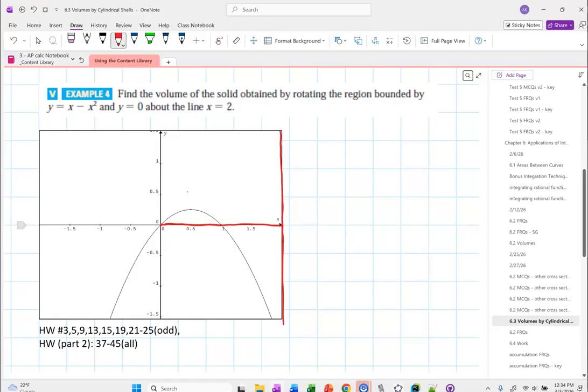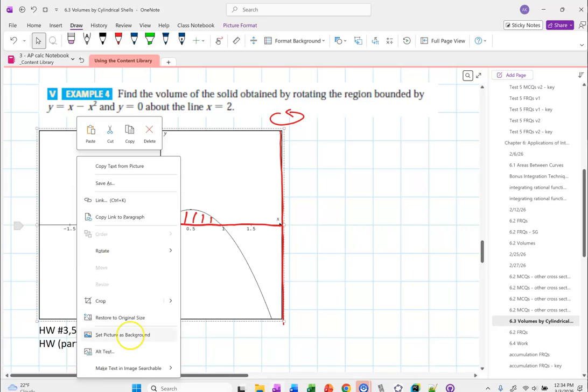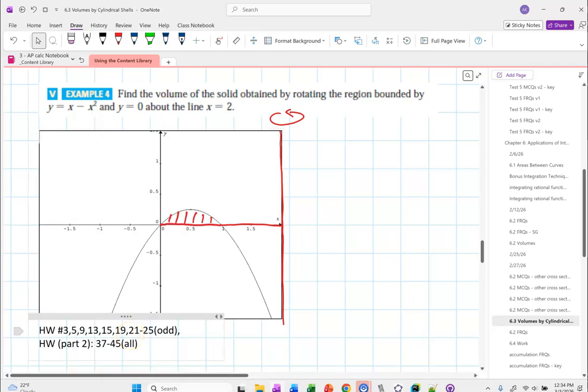Here's x equals 2. Everybody okay with the picture we're looking at?